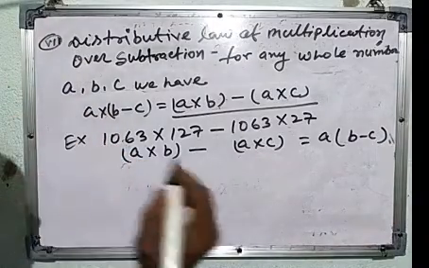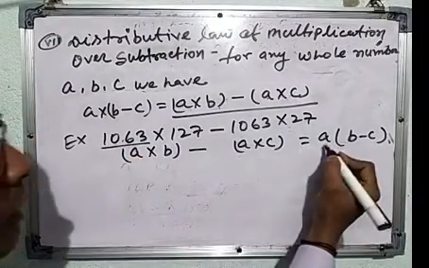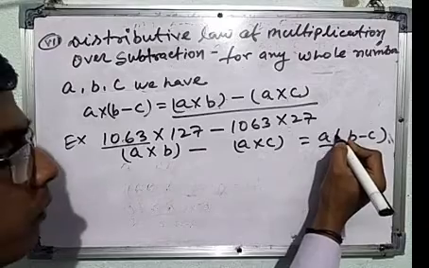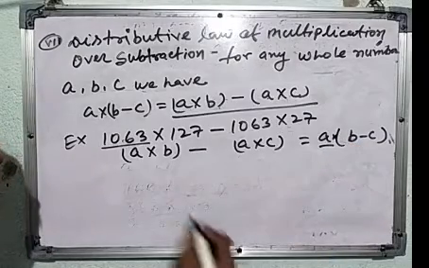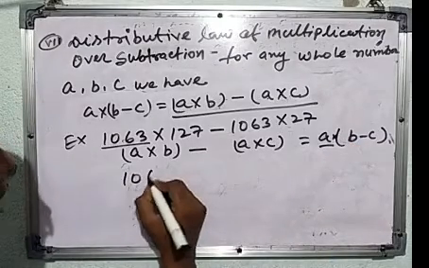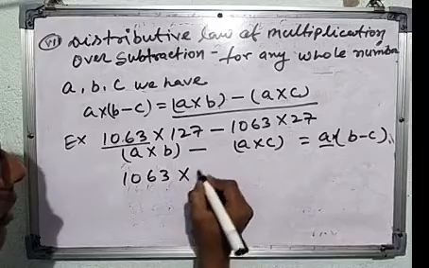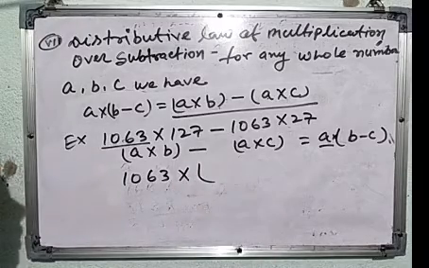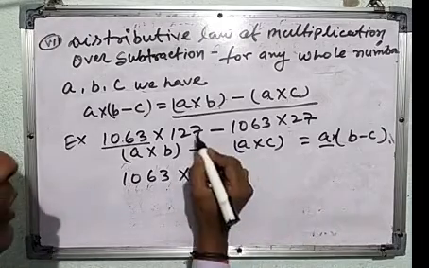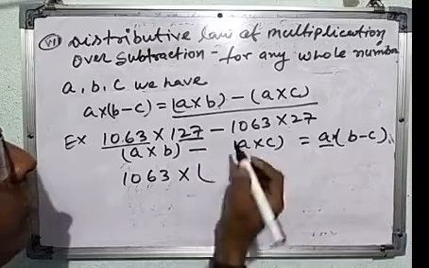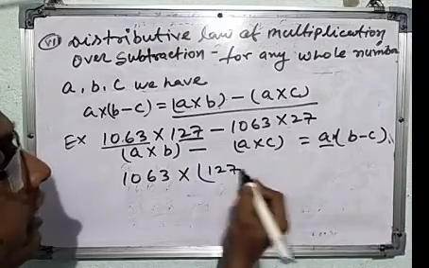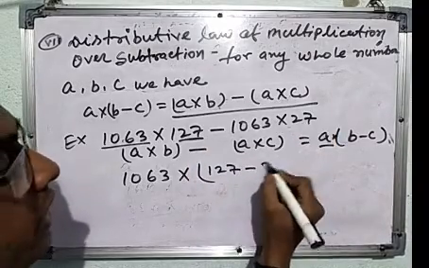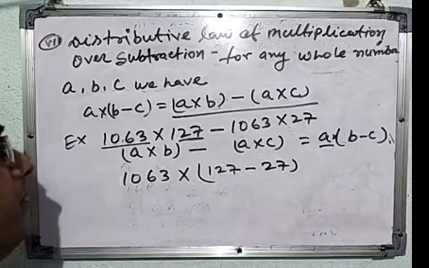So first you take the value of A. Your value of A is 1063. Again write multiply and take bracket. You take value of B, so your value of B is 127 and value of C equal to 27.